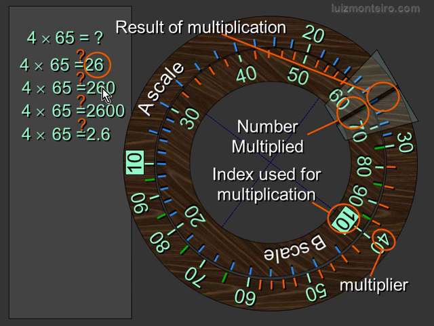That makes more sense. 4 times 65 equals 2,600. That's too much, and this one is too little. So the answer is 260. And that's how we do multiplication using the slide rule on the E6B.